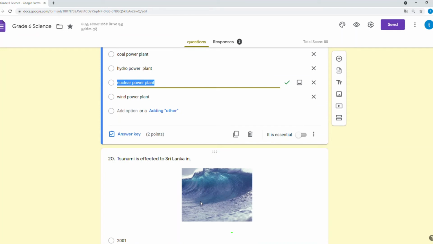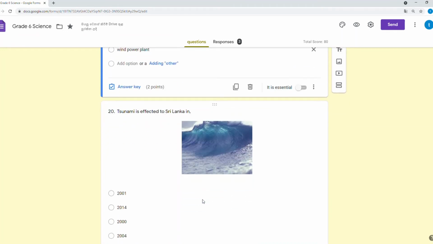Now number 20. Here, one of the instances we were also affected by at that time is the tsunami. A tsunami is really a tidal wave, and it harms humans and their properties get destroyed, especially in the coastal area, right?